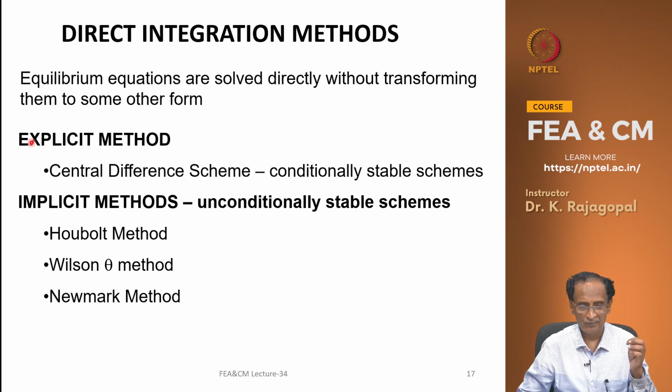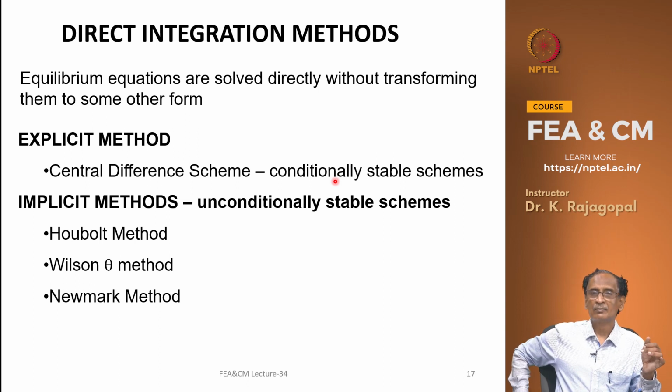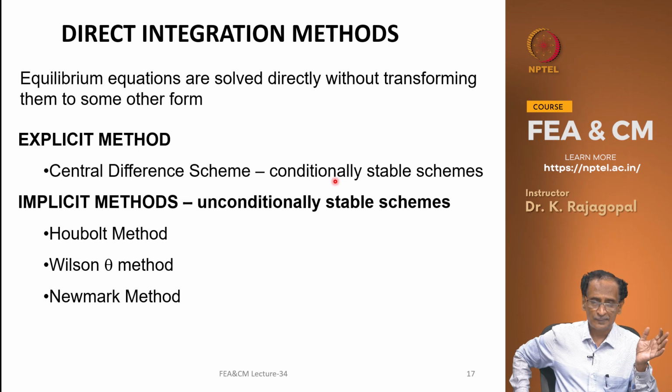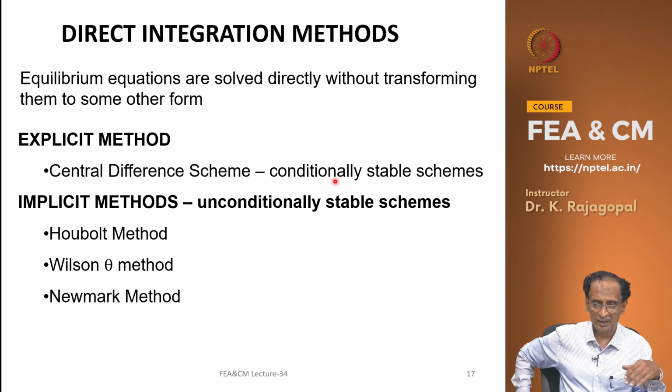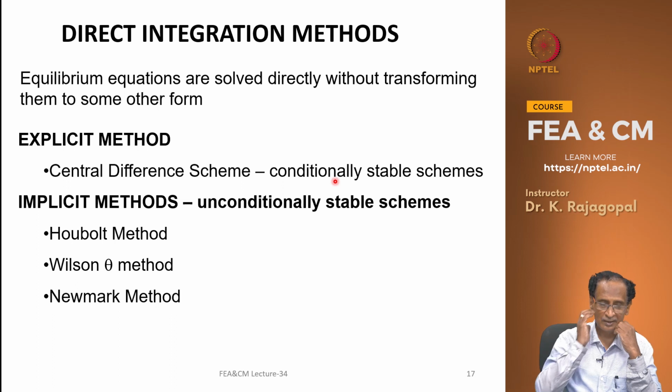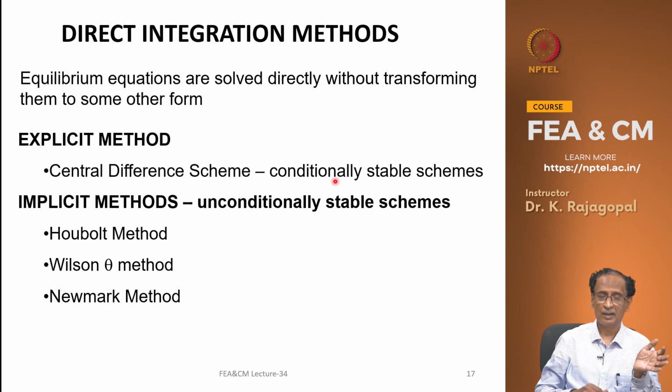And when we do that, we can do it in two different ways. One is an explicit method, the central difference scheme, a conditionally stable algorithm. These explicit methods are only conditionally stable, whereas in an implicit method we have the unknown terms both on the left hand side and the right hand side, whereas in the explicit method all the unknown terms are on the left hand side.